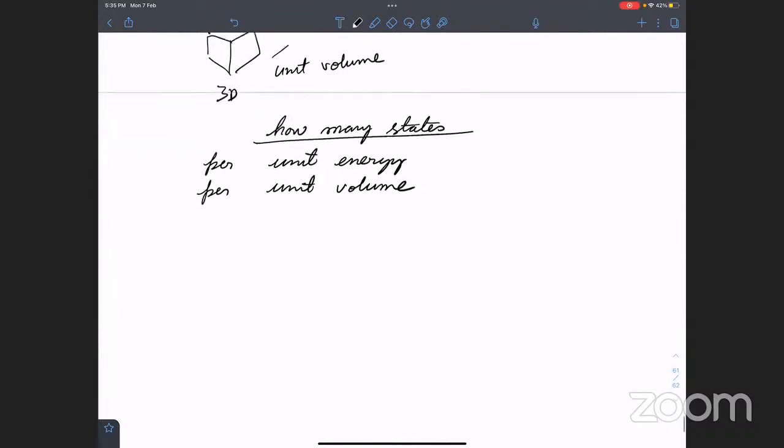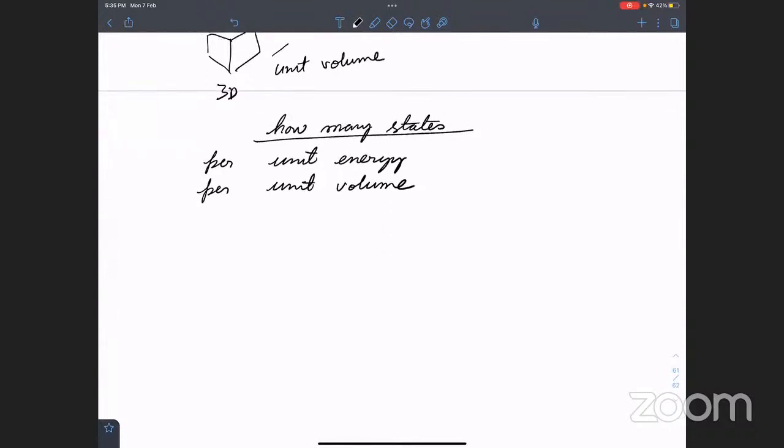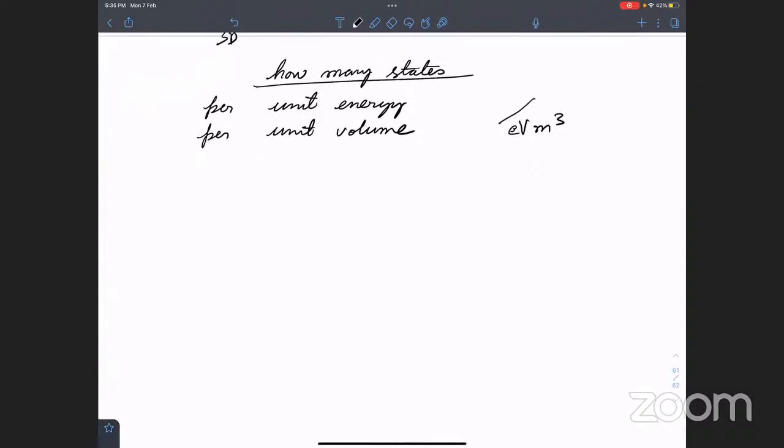So the units would be some number per electron volt meter cube, for example, right? Sometimes meter cube is less used. People prefer centimeter cube in semiconductors. So it will be some number, say 10 to the power 23 per electron volt centimeter cube, for example. So let's say 1.1 into 10 to the power 23 states per electron volt centimeter cube, right?